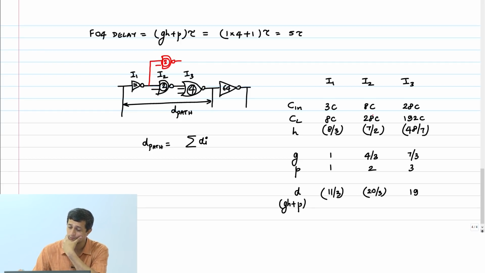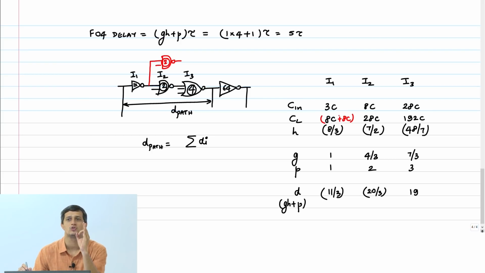CL of I1. This will become plus 8C. What about C in of I2? Will that change or will that not change? So that will not change.